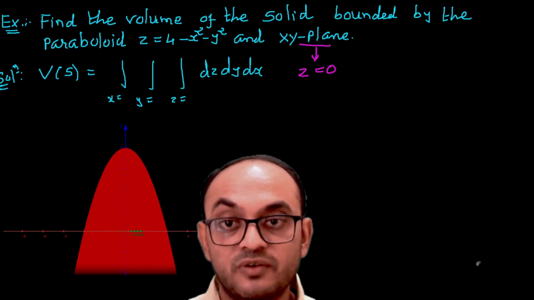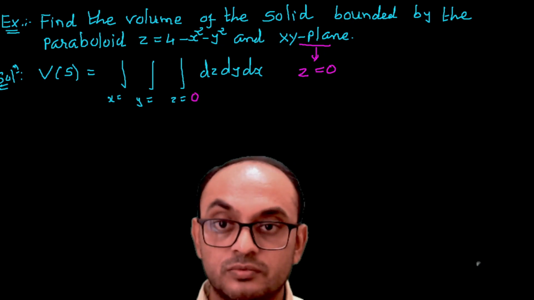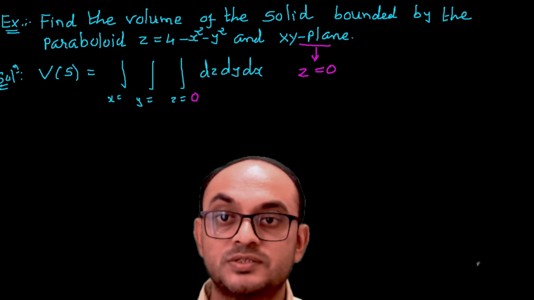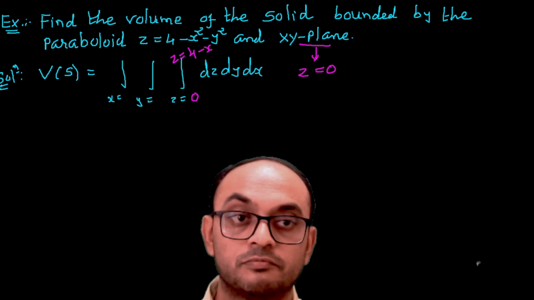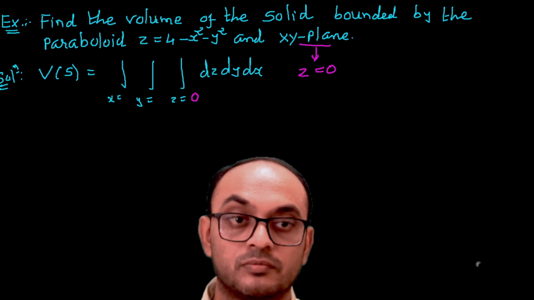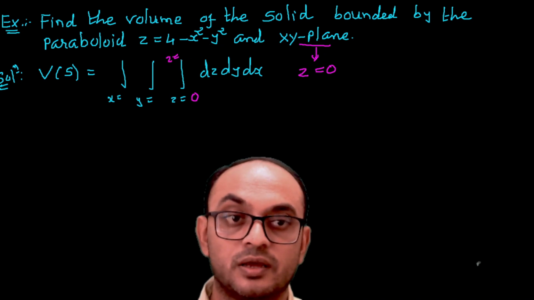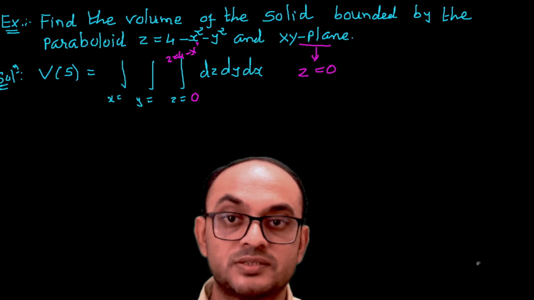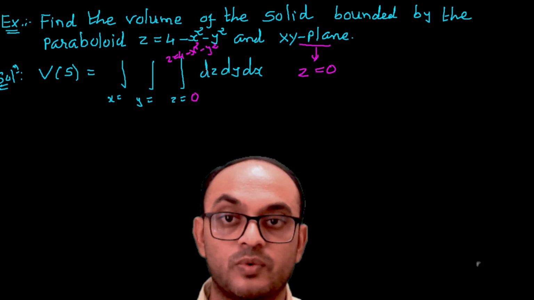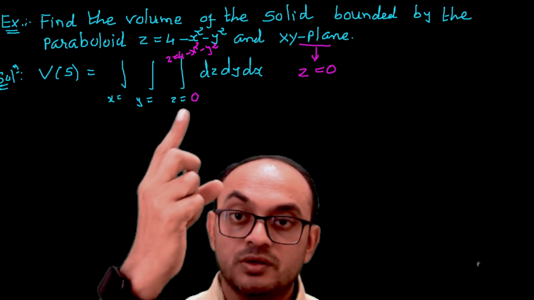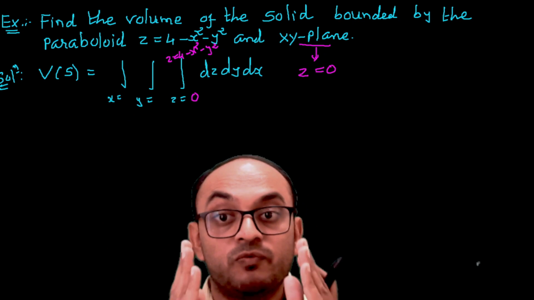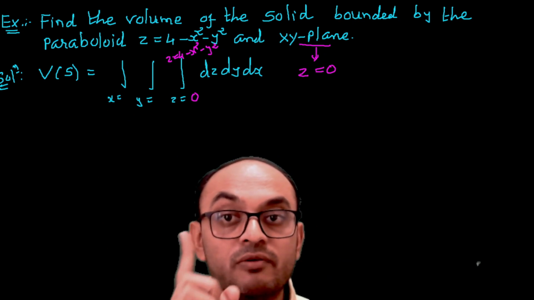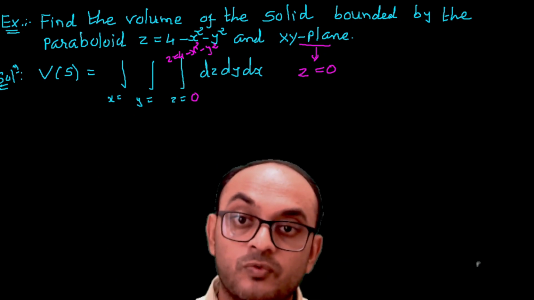So let us mention it first: z equal to 0 to z equal to 4 minus x square minus y square. So these are the limits of z. Now we have to write the limits of x and y, but for this particular example, right now I am not writing the limits for x and y.